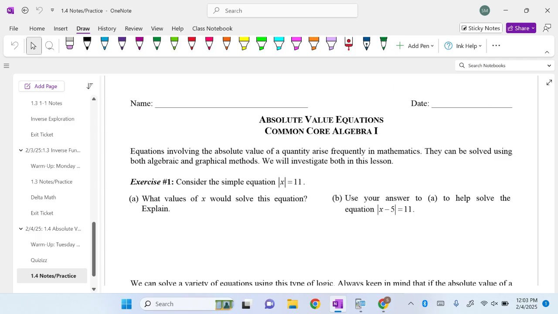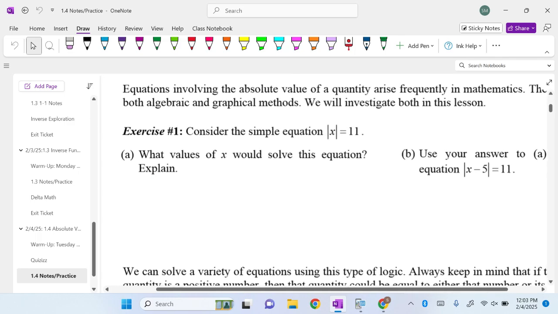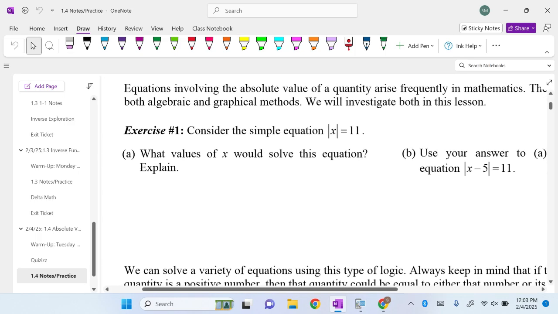So that's what we're going to start with today. We're first just going to start by considering this absolute value equation: the absolute value of x is equal to 11. Now, does anyone remember what an absolute value does to a number?